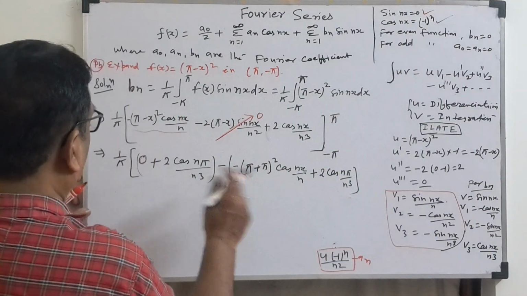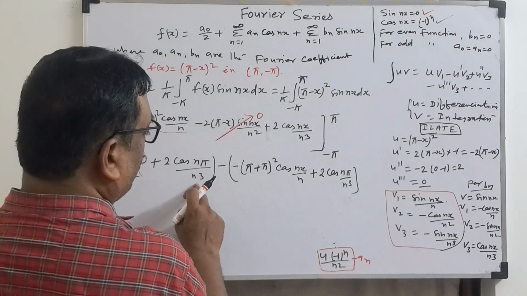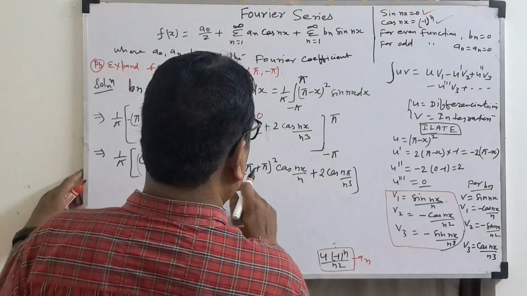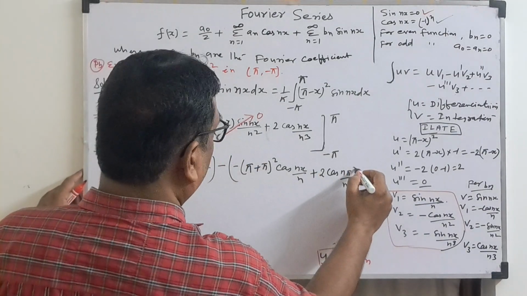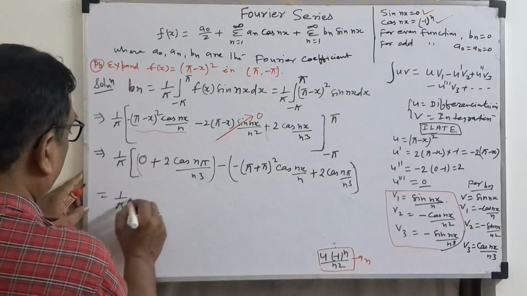Now we have to solve, so we'll get the bn. So you see here 2 cos n pi by n cube and 2 cos n pi by n cube. So this will be the minus. So write one more time. See this minus plus, it will get cancelled.